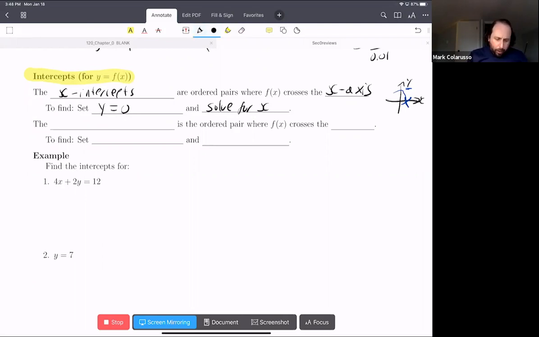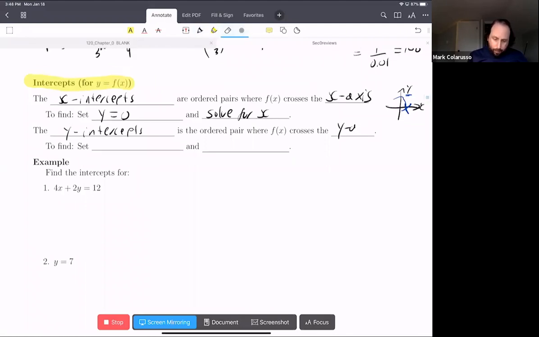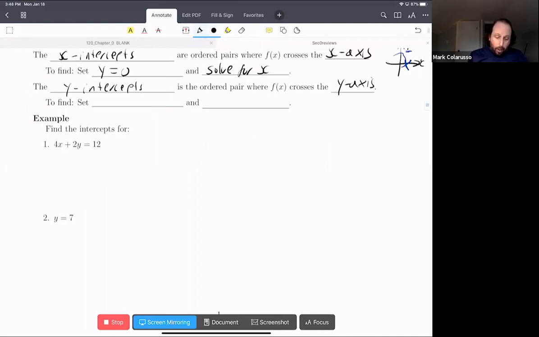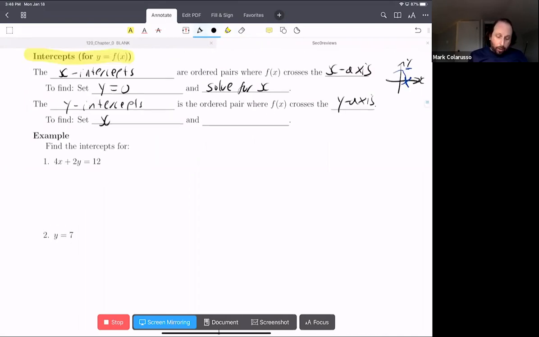The y-intercepts are a little easier. The y-intercept is the ordered pair where f of x crosses the y-axis. Sorry, let me clean that up a bit. To find the y-intercept, we set x equal to 0 and compute y, which is f at 0.